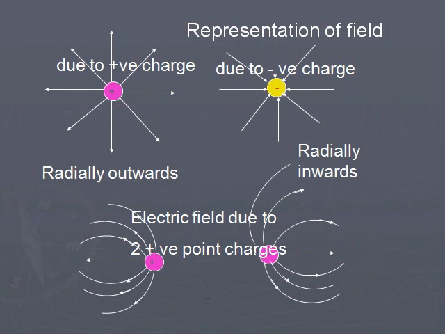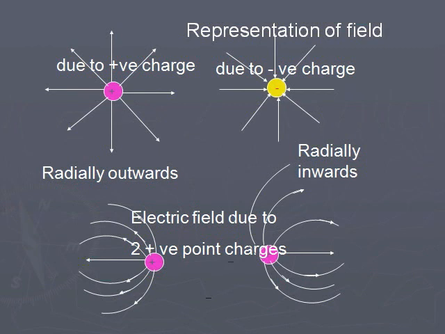If you imagine the space around this charge, these lines can be understood as the radii of the sphere around this charge, directed outwards from the center of the sphere.